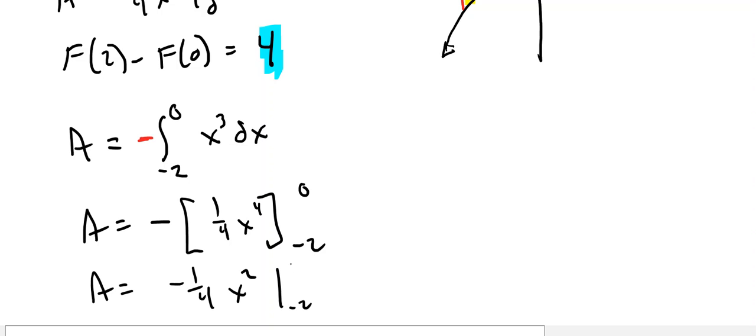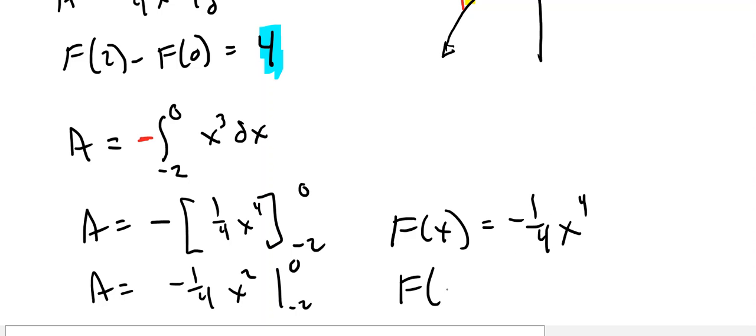So when you go into Desmos and you let f of x now be negative 1/4 x to the 4th, and you do f of 0 minus f of -2, you should get another positive 4. And this, of course, is your yellow area under the curve. So we're negating the part that is under the curve.